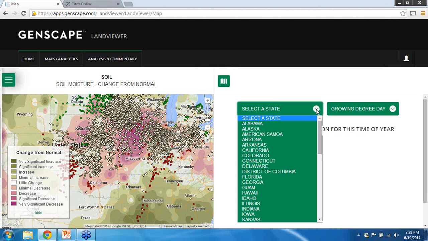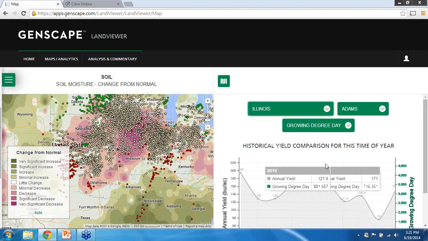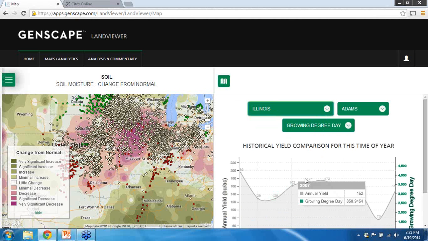And here's the charts that I mentioned earlier where you're able to go in, pick a county, a state, and it shows you the historical yield, and in this situation it's growing degree days.